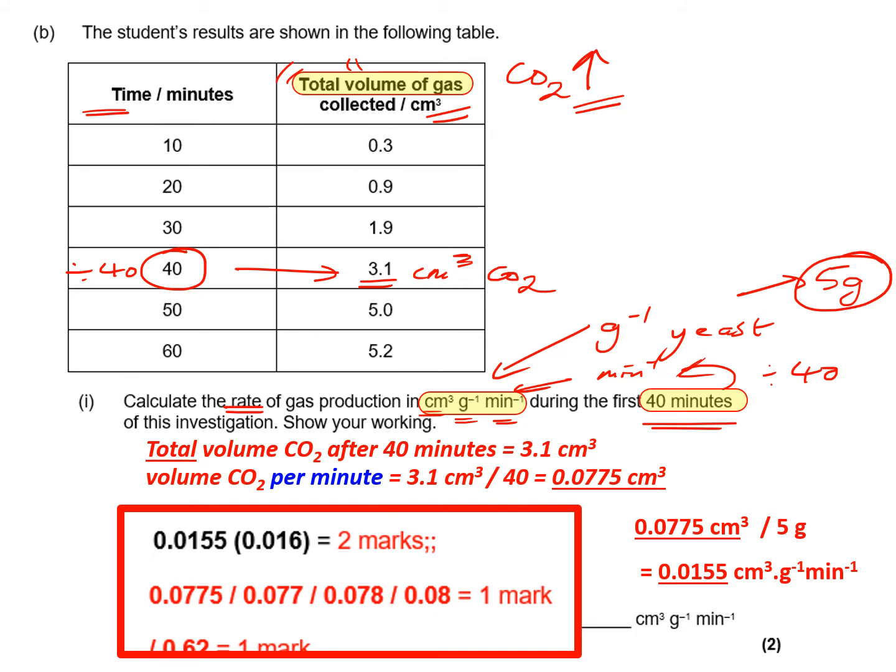So there were 2 marks for 0.0155, or you could have rounded that up to 0.016. And there was 1 mark for the value of 0.0775, but remember that is in 5 grams of yeast, and we need it per gram. So always go to the units in the maths question first, and then you know exactly what it is you need to work out.